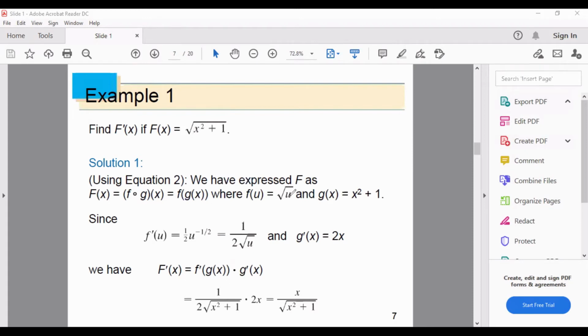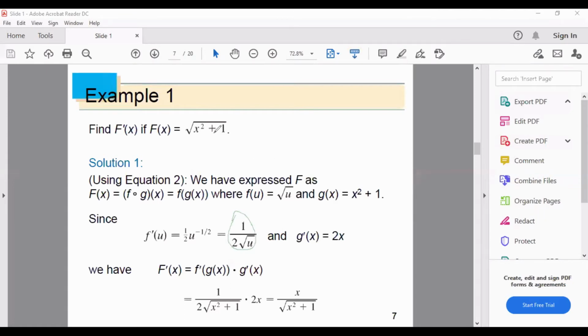Its derivative is half u to the minus half. Why? Because as you know, we bring the power and put it out, then subtract 1 from the power. The power was half, it becomes minus half. That's why this is the derivative of the outside function. Then u to the half, its derivative is 1 over 2 root u.